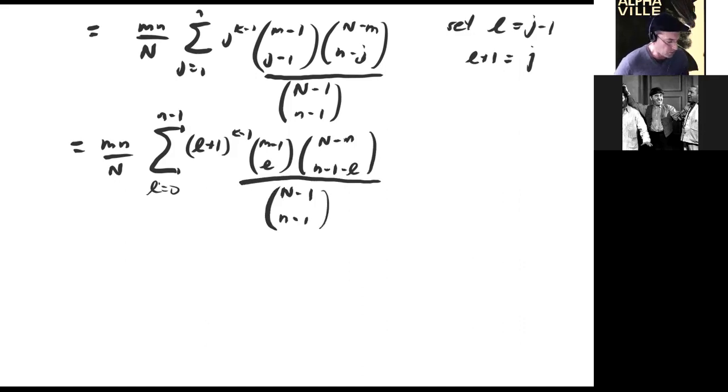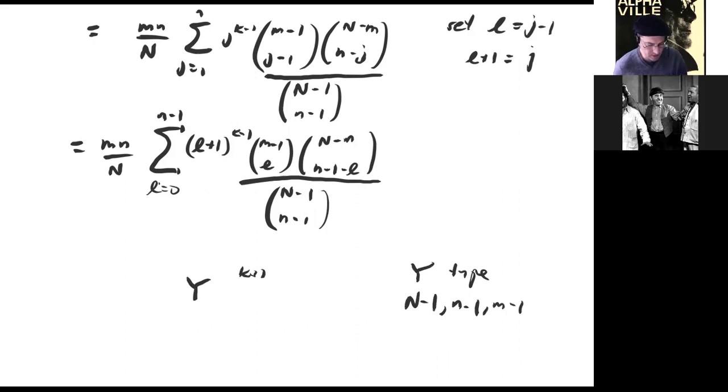Okay, we're nearly there. Now we stare at what this is. If this were an l instead of an l plus 1 here, this expression would be the expected value of another hypergeometric distribution, y to the k minus 1, where y is of type N minus 1, n minus 1, m minus 1.